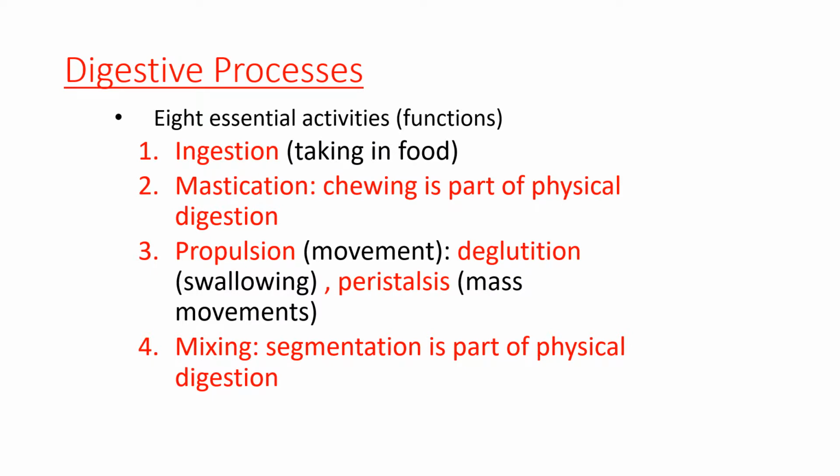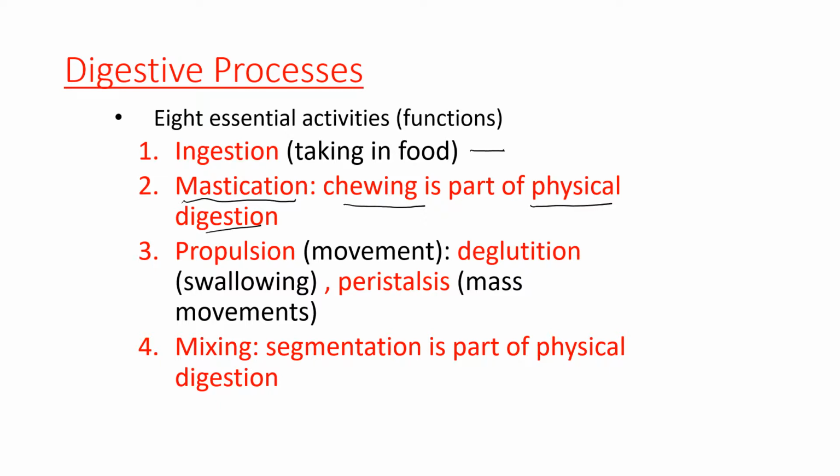What follows is a list of the essential activities or functions of the digestive system. The taking in of food is called ingestion. What follows ingestion is mastication, which is chewing of the food. Chewing of food is part of physical digestion.